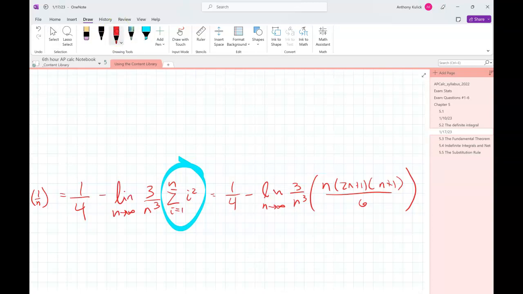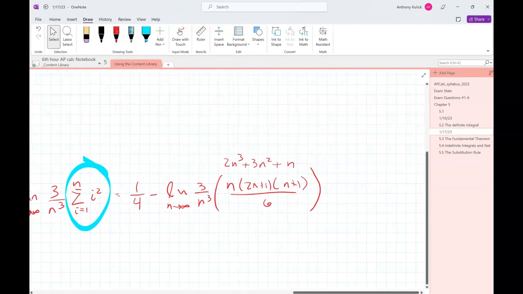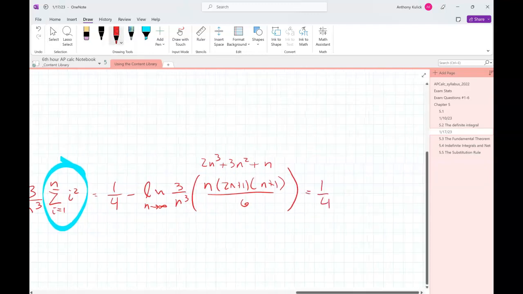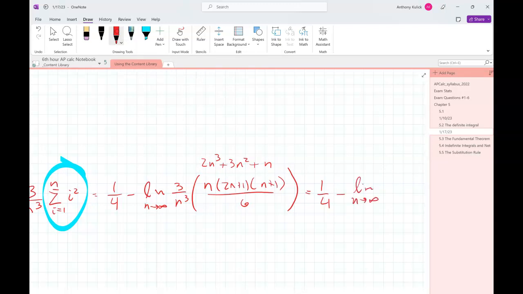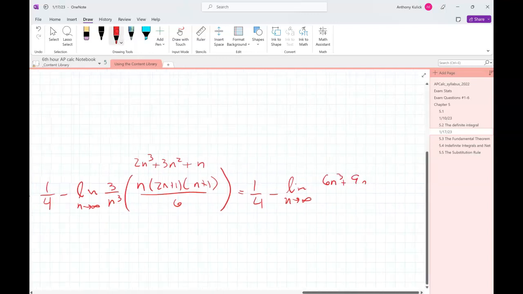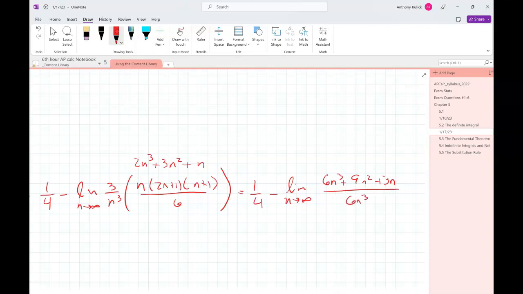If I FOIL things out in here, what am I going to get? I'm going to get 2n cubed plus 3n squared plus n. So if I distribute that 3 over n cubed through, I'm going to have (6n cubed plus 9n squared plus 3n) over 6n cubed.